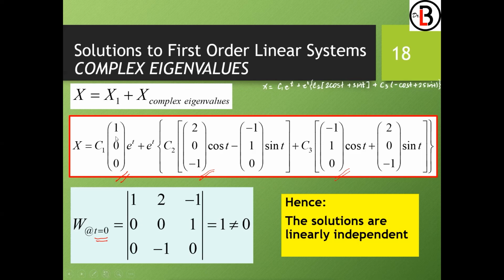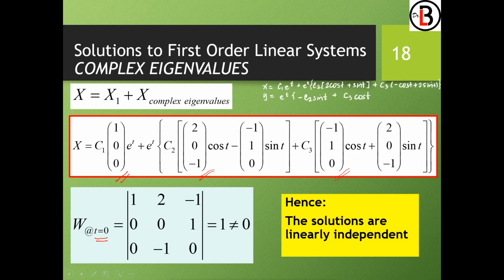For y, it's going to be easier because you don't need to write the c1 times 0 and then c2 times 0. So it's just going to be e to the t negative c2 sine t, and then here, plus c3 cosine t. That's your y.